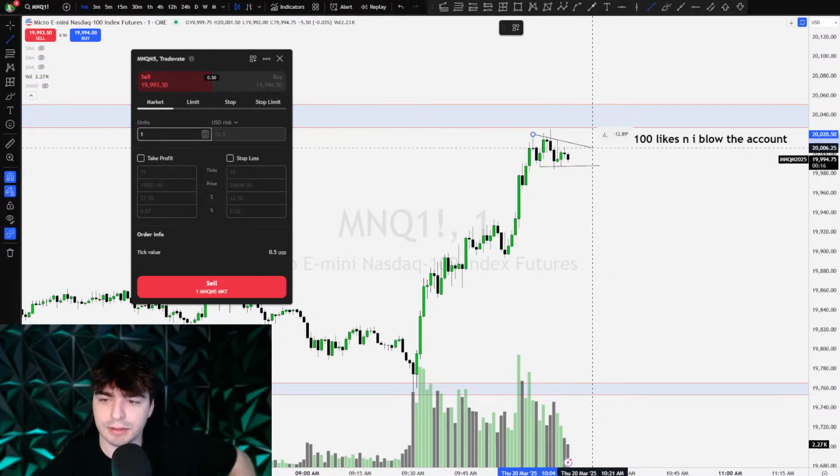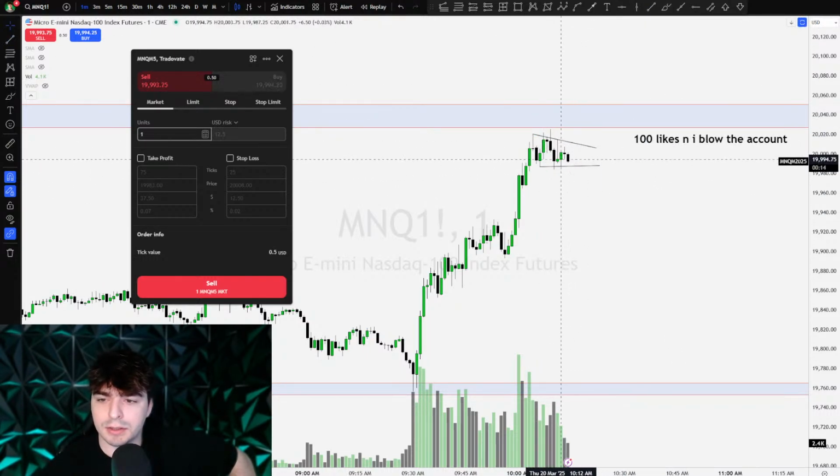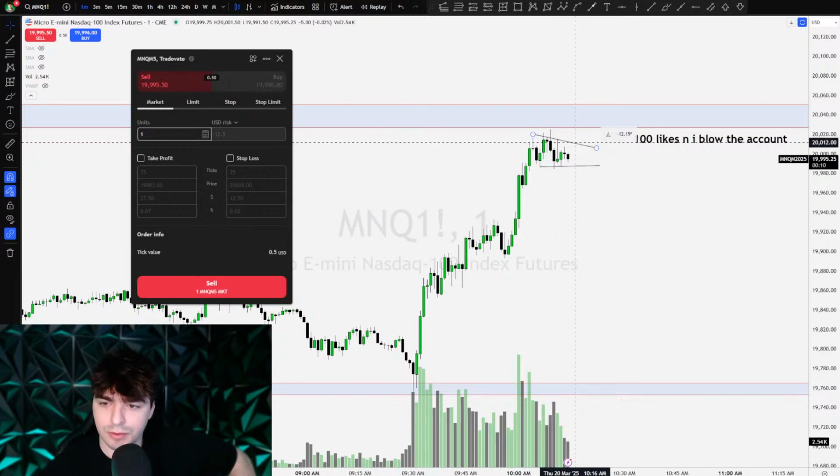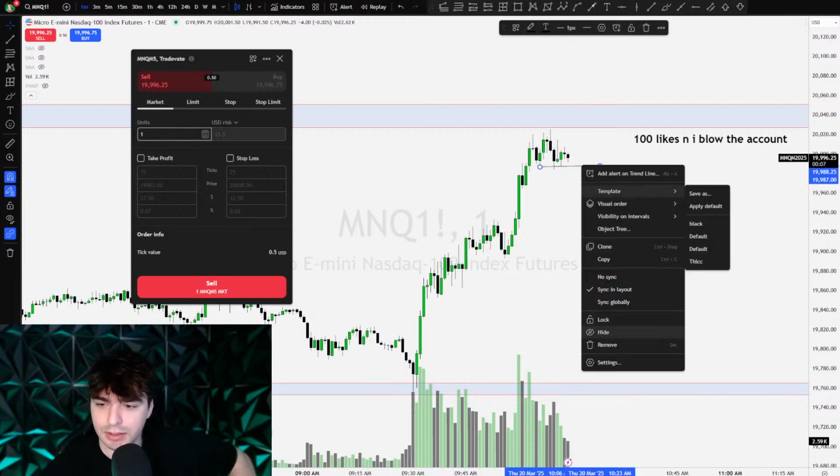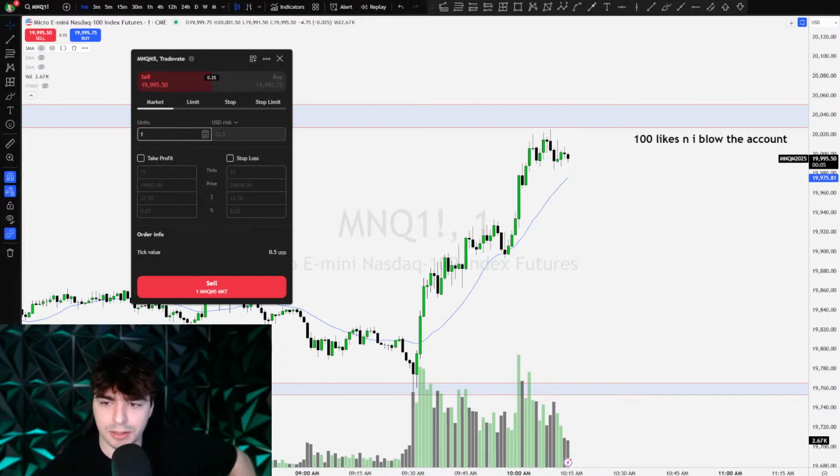Something like this, I don't know. So if we see too big of a push higher, too aggressive, I might hold off a little bit. So far we're holding up.